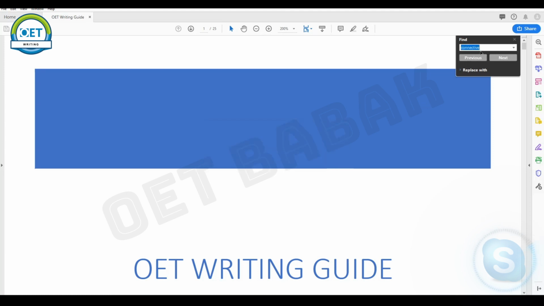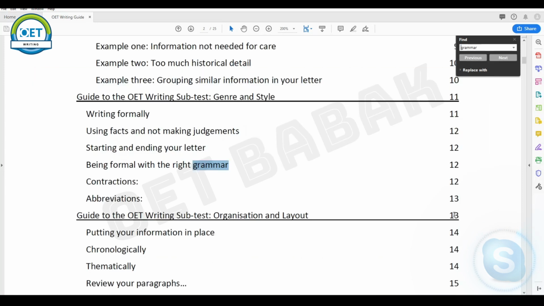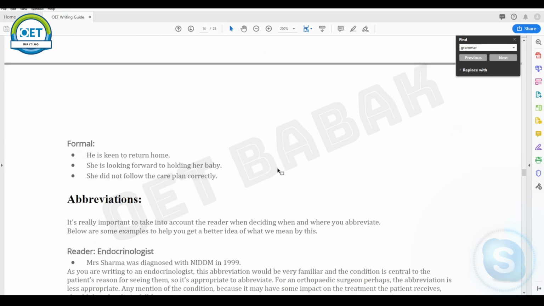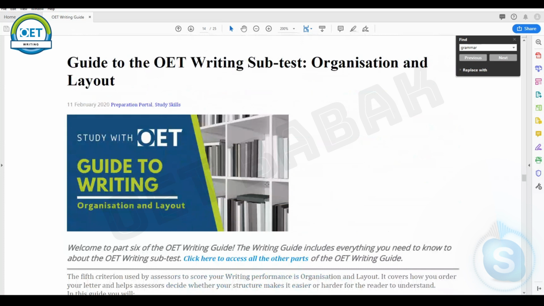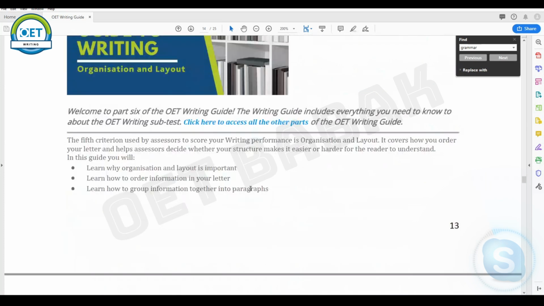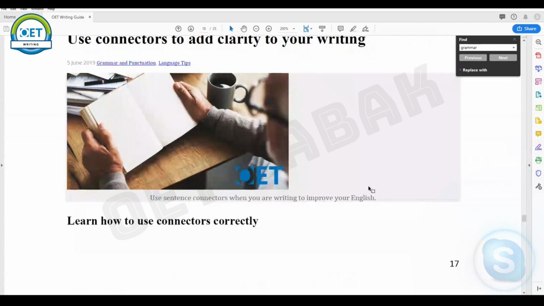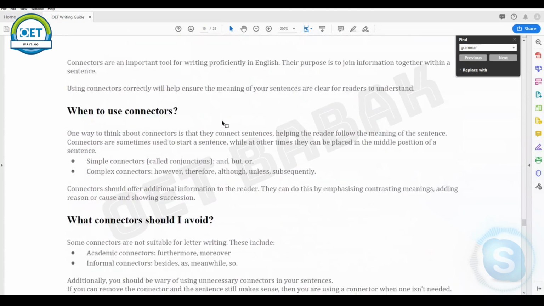Why connectives? Grammar. Endocrinologist. Layout. We need to go down to learn how to use connectors correctly.